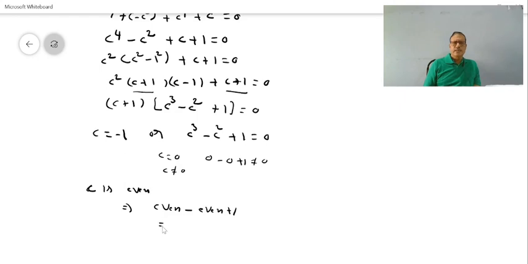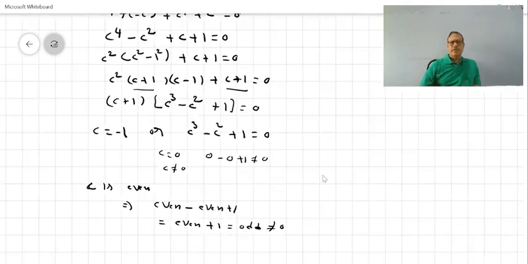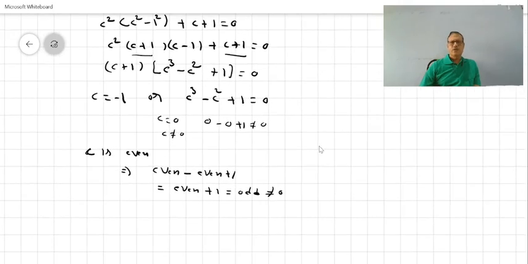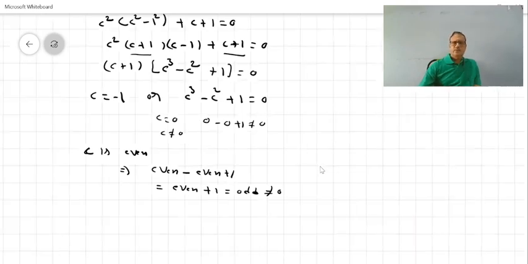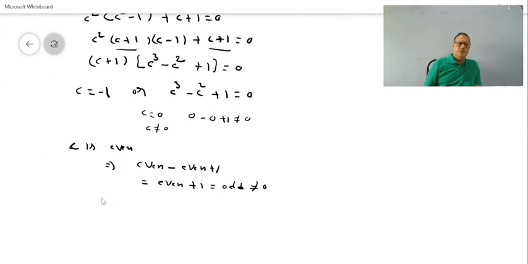So even minus even, that is also an even number, plus 1, that's equal to an odd number. So this cannot be 0. An odd number cannot be 0. So it has no even integer root.